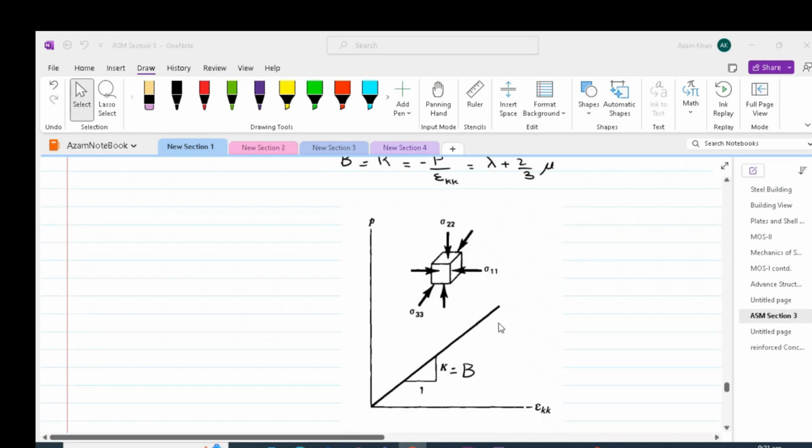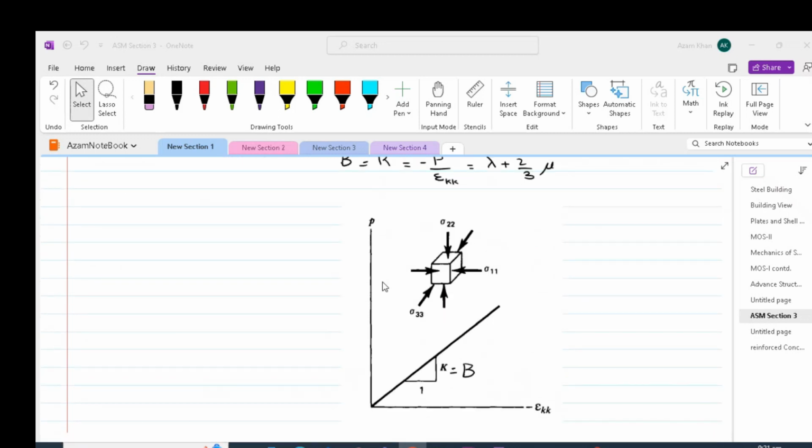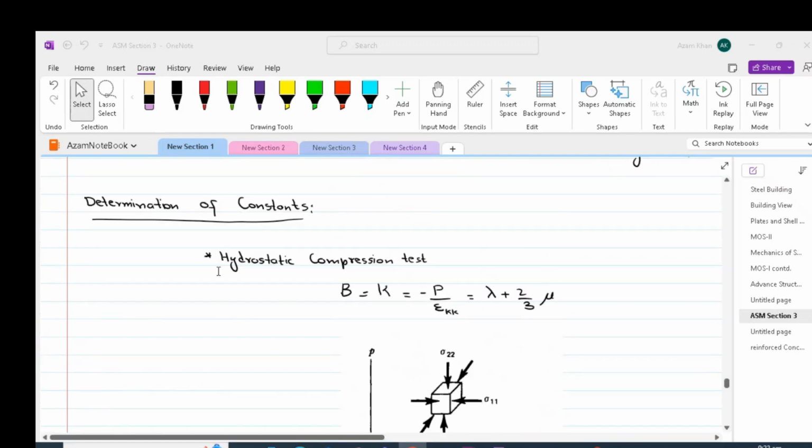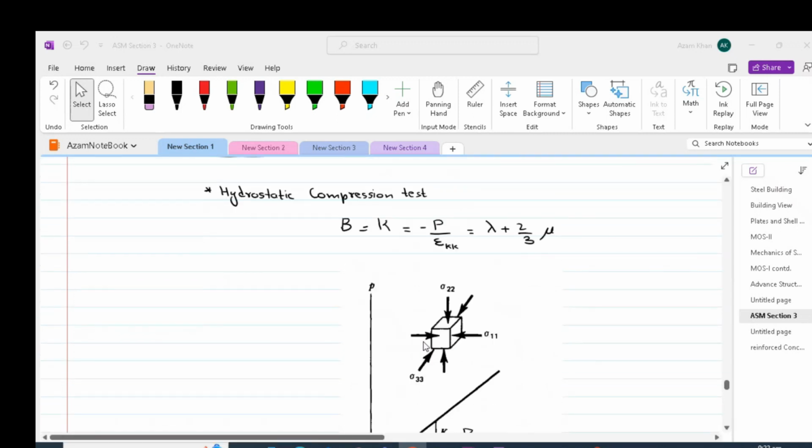So if we draw our P, mean hydrostatic stress, and the volumetric strain, if we draw a line, the bulk modulus can be worked out as the slope of that line. Although it sounds very simple, this is a very involved test for materials other than soil.